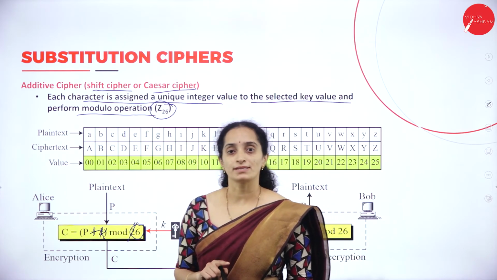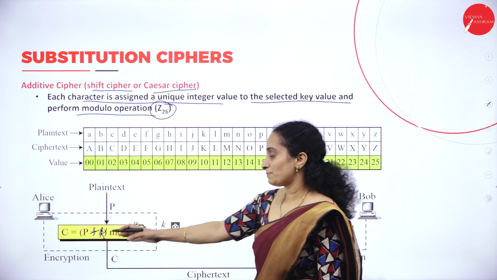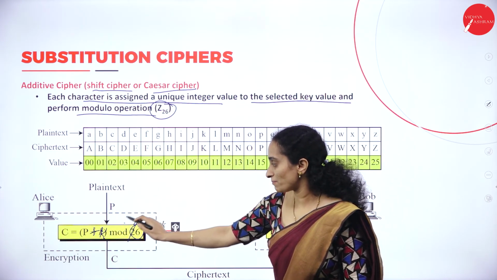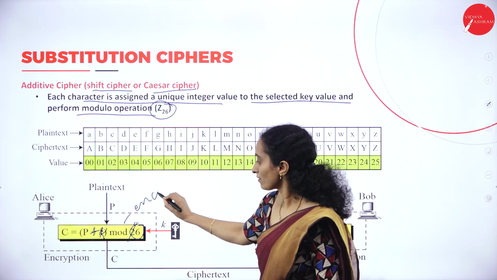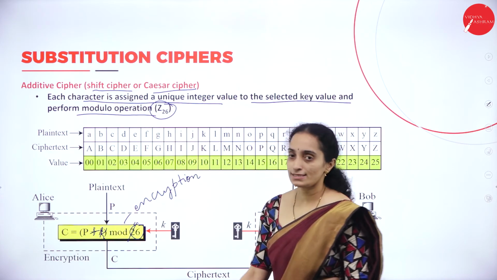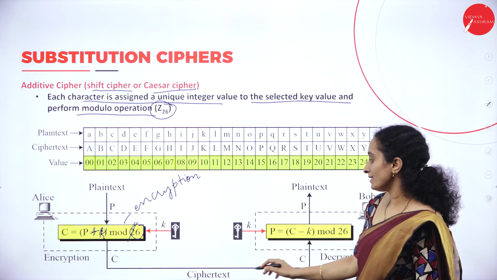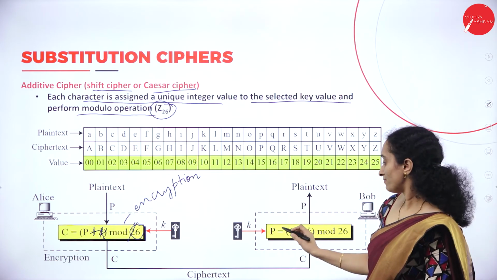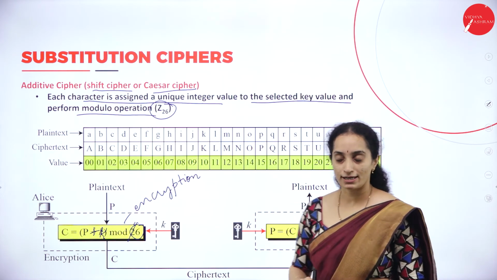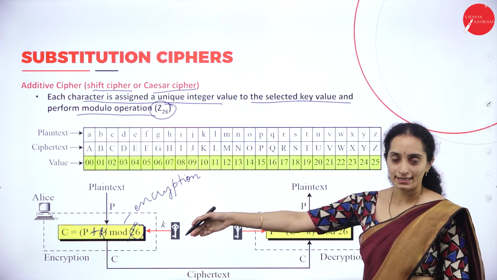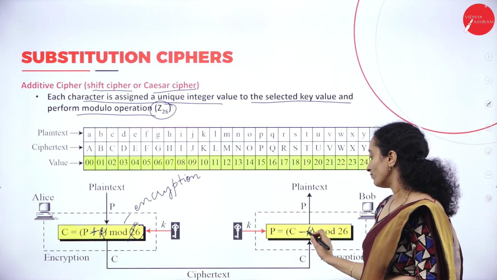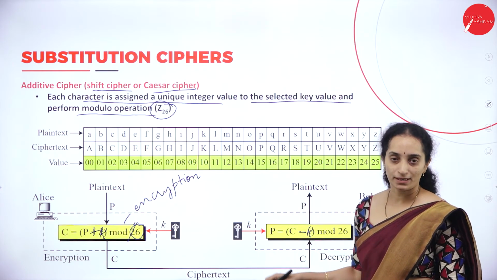As I said in the previous session, decryption is the reverse of encryption. This is an encryption method, whereas this is a decryption method where plain text is generated from the cipher text. Decryption is the inverse of encryption: the key value is subtracted from the cipher text.